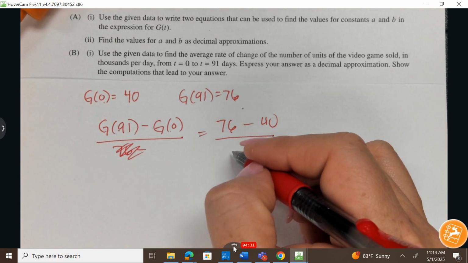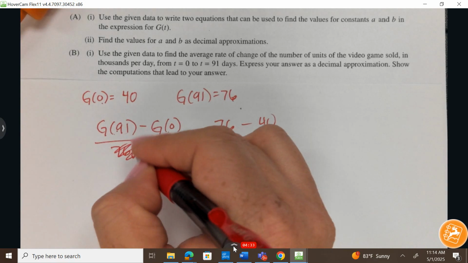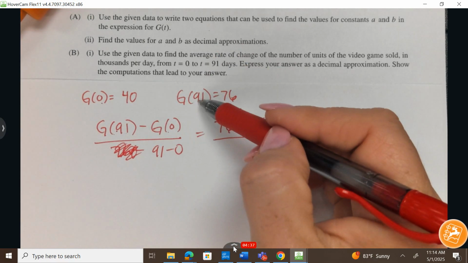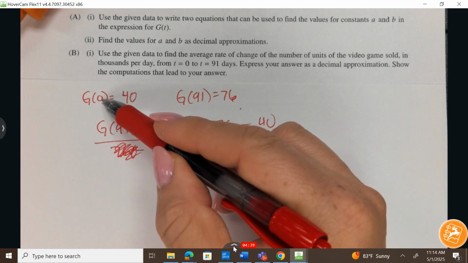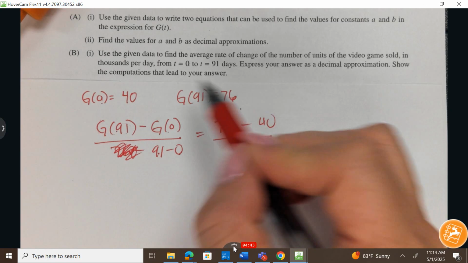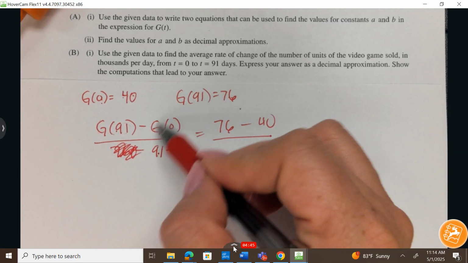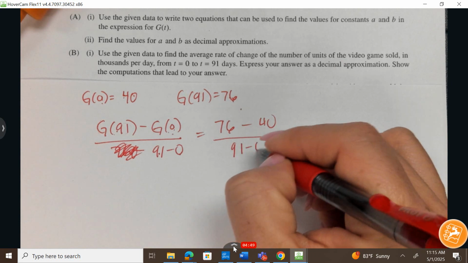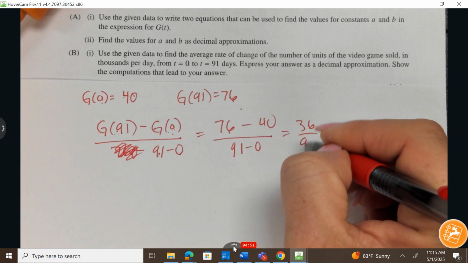And then on the bottom, in terms of T, this is going to be 91 minus 0. So these are your input values, this is the output value for 91, and this is the output value for 0. So 36 over 91.